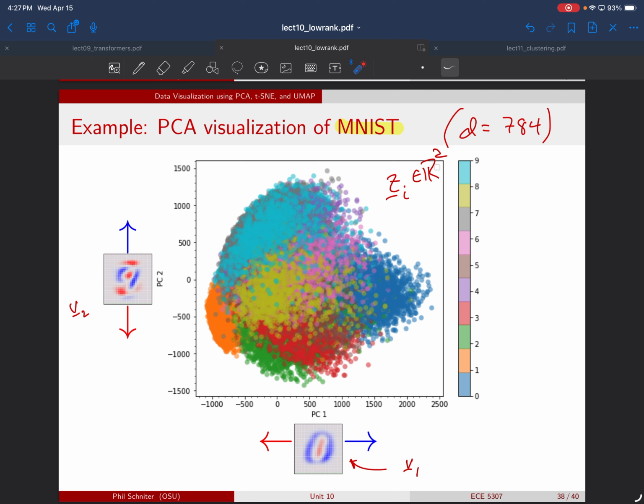And when you look, for example, up here, you see the 9s and the 7s, whereas when you look down the other direction, you see things like 2s and 3s and so on. So that's what this distinguishes in the data. Okay, so that's just a visualization of PCA on the MNIST data set to give us an example. All right, any questions? Okay, great.